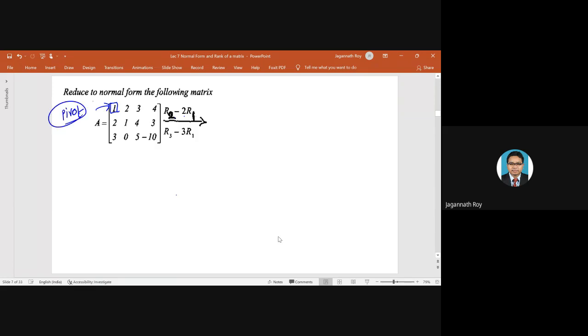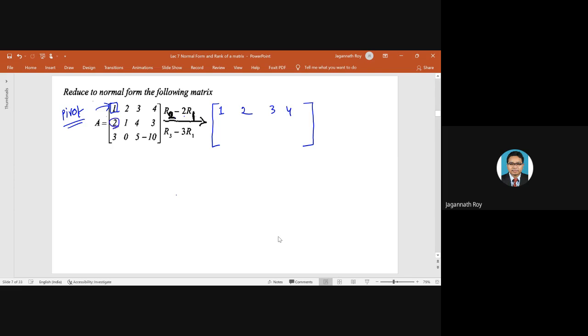Okay, pivot, the first non-zero leading entry of this column. So we'll use this pivot to find the other quantities.